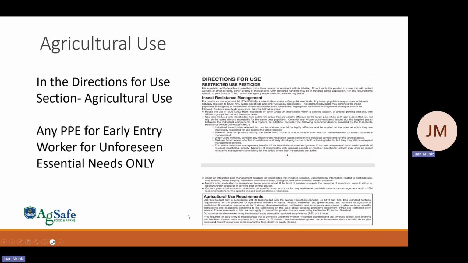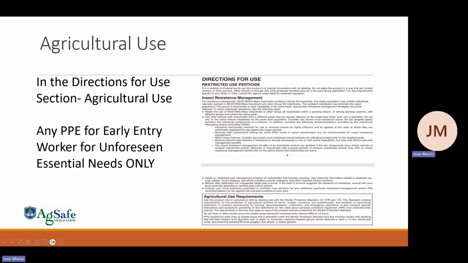In this case, if you look in agricultural use on the bottom corner, it says, do not enter or allow worker entry into treated areas during the restricted entry interval of 12 hours. So within those 12 hours, we're supposed to stay out unless you have an unforeseen or essential use. And then it says PPE required for early entry.